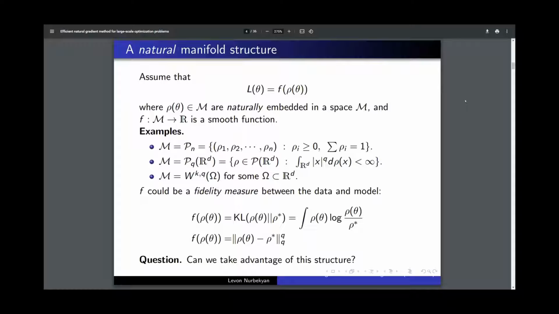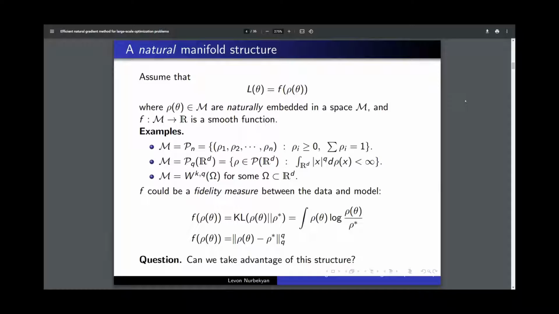So the idea of this natural gradient comes from the following fact. Let's assume that we have some kind of structure for our loss function, and it's a composition of some energy F and some forward model that is naturally embedded in some space. Examples include, for instance, that your forward model, which I denote here by rho theta, is a probability measure on a probability simplex.